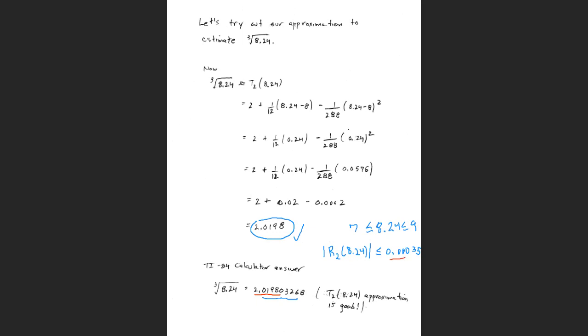So our approximation's good. And this is an example of how, as a human, we would use the Taylor polynomial approximation, and a computer can then mimic what we do, right? The computations involved in estimating this cube root of x with the Taylor polynomial involve subtraction, division, multiplication and addition.